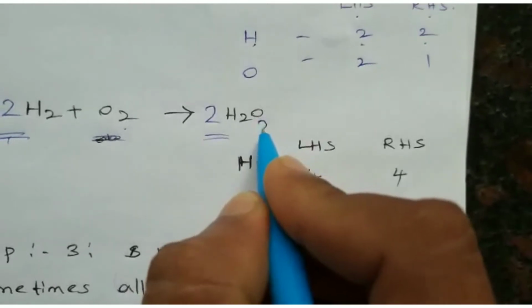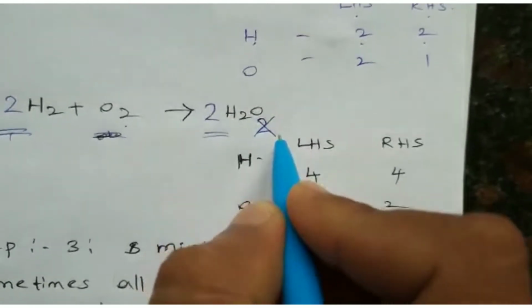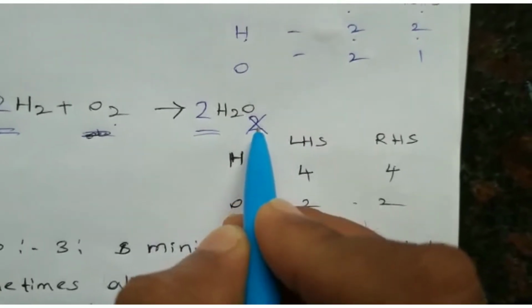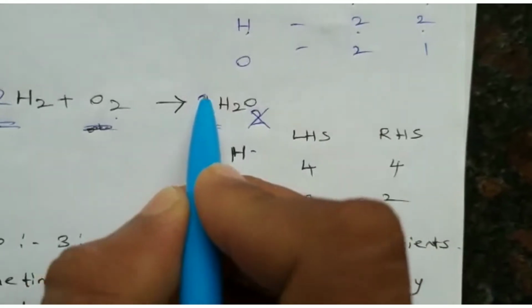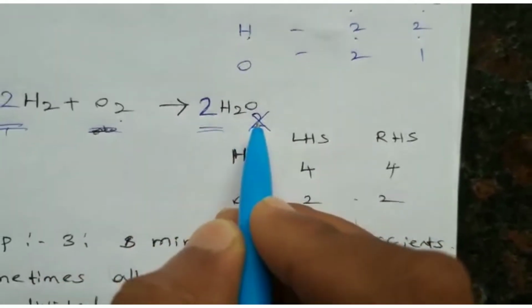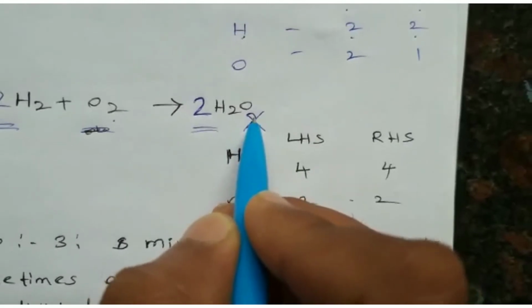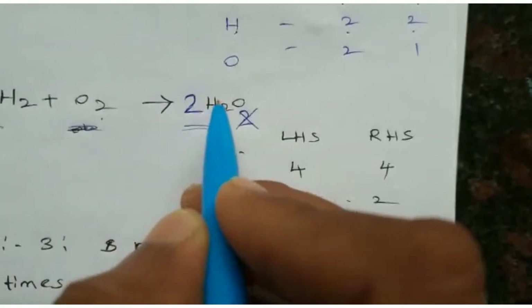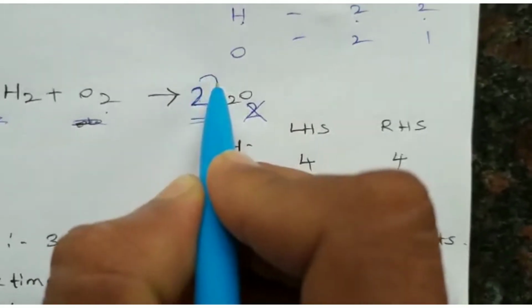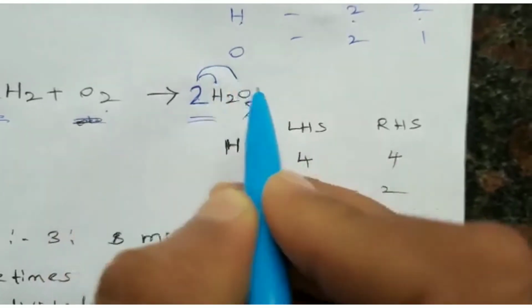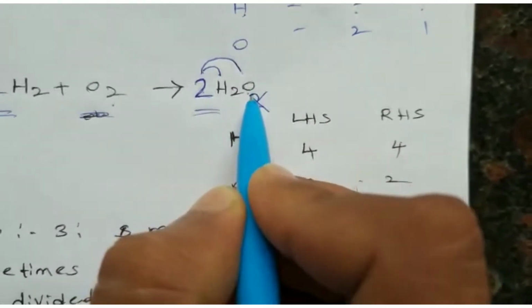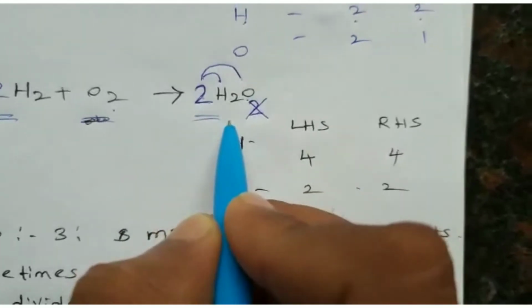But you don't put 2 as a subscript. It is the wrong method. So we put the suitable coefficient before the formula. So this 2 belongs to this water, and these two hydrogens and this oxygen. How many oxygen atoms are there? It becomes 2.